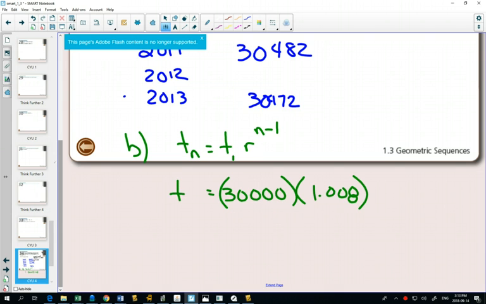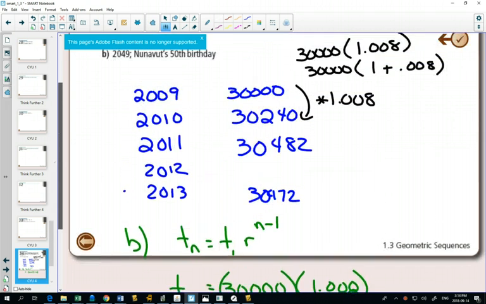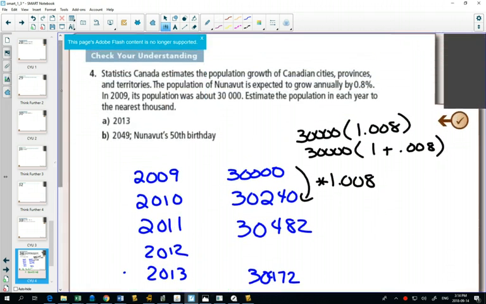Which term are we trying to find if we're trying to find 2049? Term 40? So, does that make sense? Now, what are we going to call this one then? Term 1. And this one is term 2. This one's term 3.